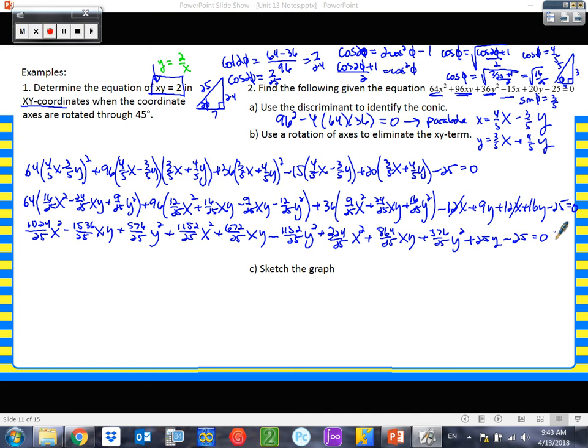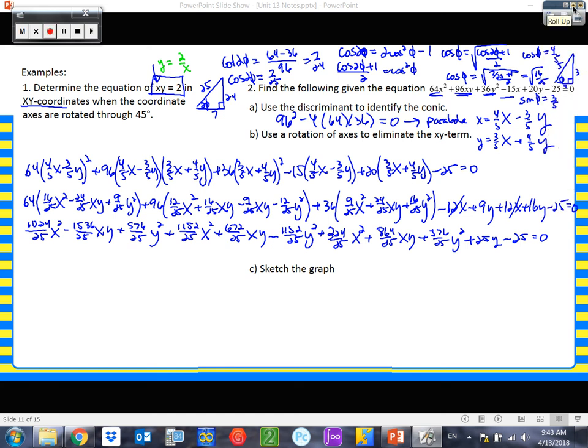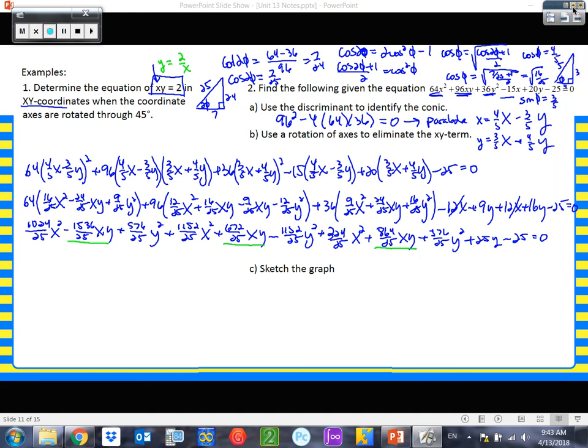So I work on the xy terms first, just to see if I made a mistake somewhere. We have an xy term here, and here, and here. And if I add those all together, they do go away. Yay!